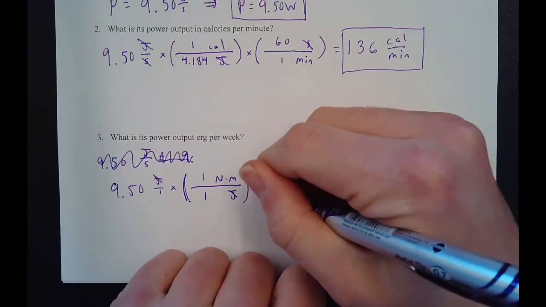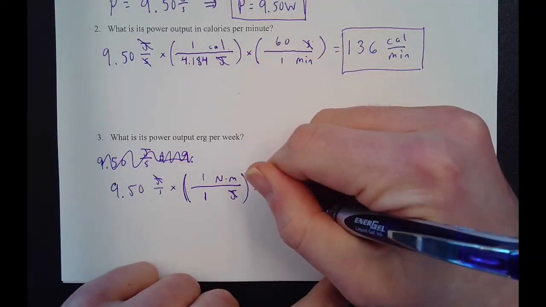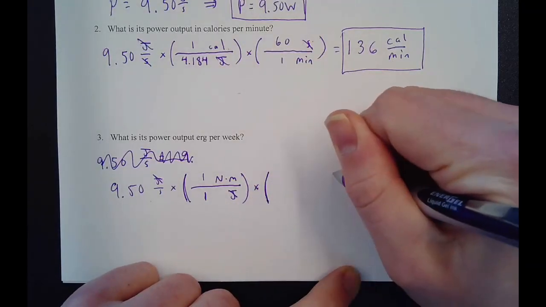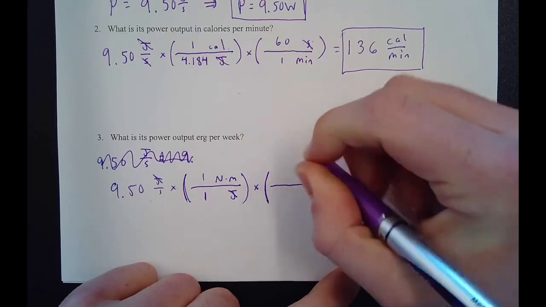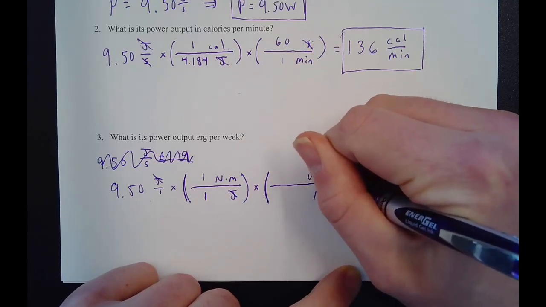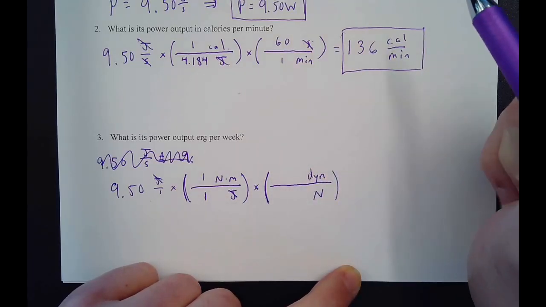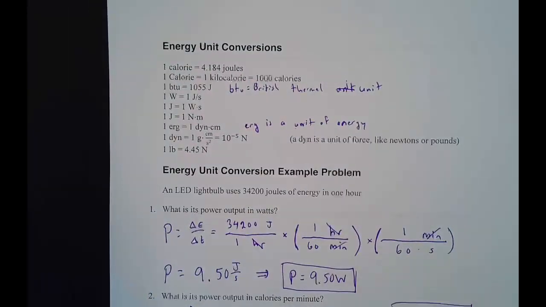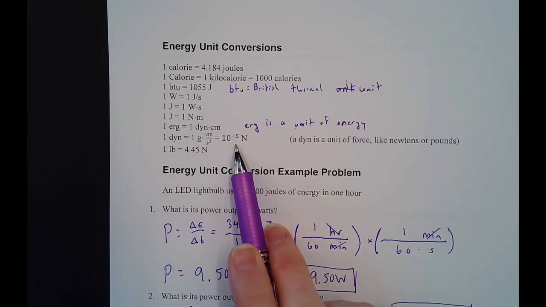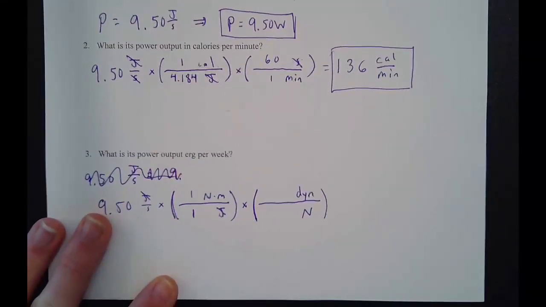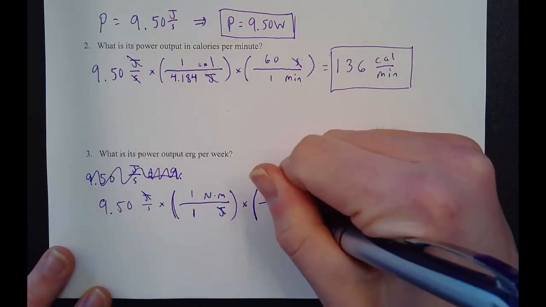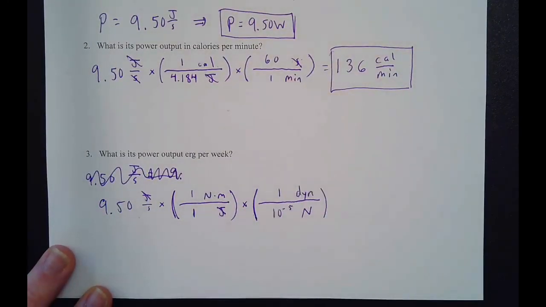Next, I'm looking for dyne and centimeters. I know that a dyne is a force unit, so it'll be related to the Newton that I have there. And this little table tells me that 1 dyne is 10 to the minus 5 newtons. So, 10 to the minus 5 newtons in 1 dyne.